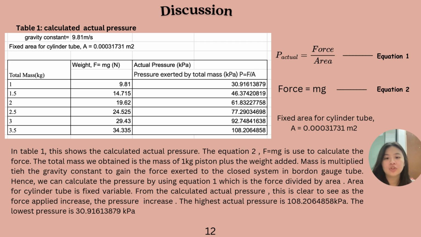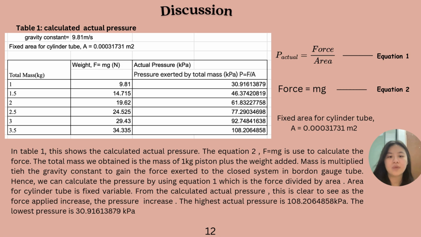This page shows table 1, which shows how we calculate the actual pressure and the result of actual pressure in the table. In this case, we are using equations 1 and 2 to calculate the pressure. First of all, equation 2 is to calculate the force, and we use mass multiplied by the gravity constant to get the weight, known as force, and then we divide by area.